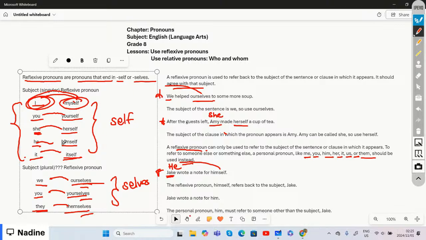If it refers to something else or someone else, then that is not a reflexive pronoun. It is now a personal pronoun. The reflexive pronoun without a doubt refers back to the subject, whether it is a singular subject or a plural subject.